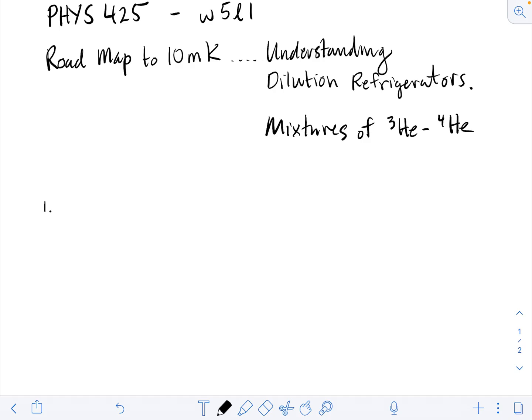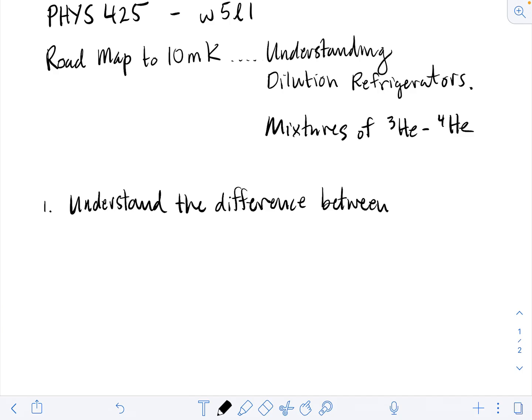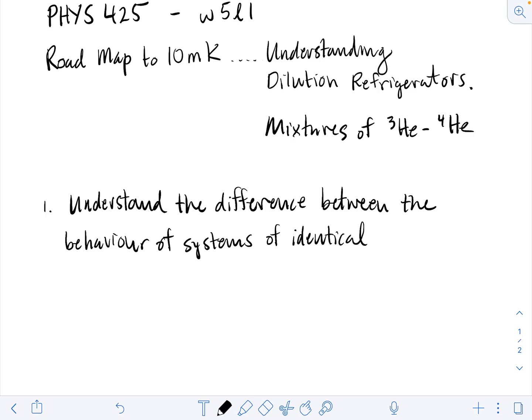And so step one is going to be to understand the difference between the behavior of systems of identical particles at low temperatures.